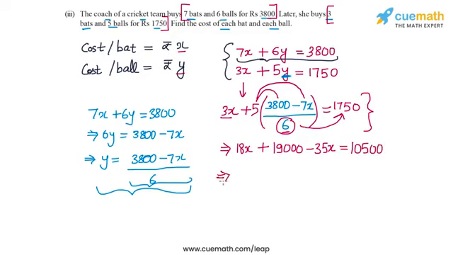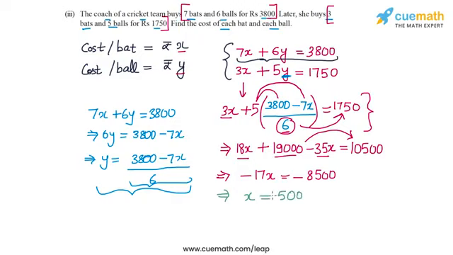So from here I get 18x minus 35x, so that's minus 17x, and I can take this 19,000 to the right side, subtract it from 10,500, and this will give me minus 8,500. So this means that x is equal to minus 8,500 by minus 17, which is equal to 500.